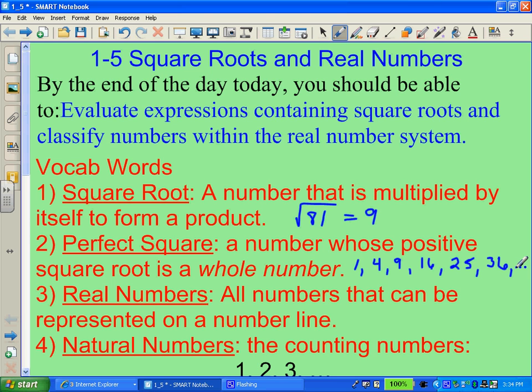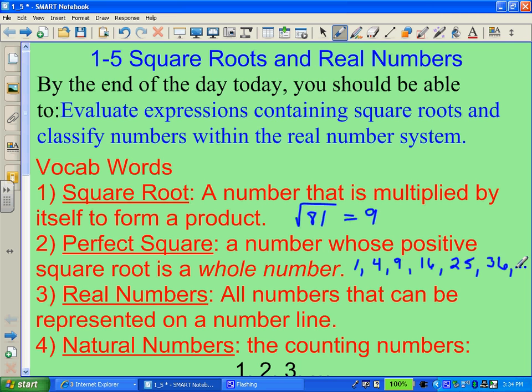And the list could go on, of course. It goes on and on. I would say that you'd probably want to know the perfect squares up to 225 is kind of a common one. Its square root's 15. So 225 and below, you should have a good idea of what those perfect squares are.